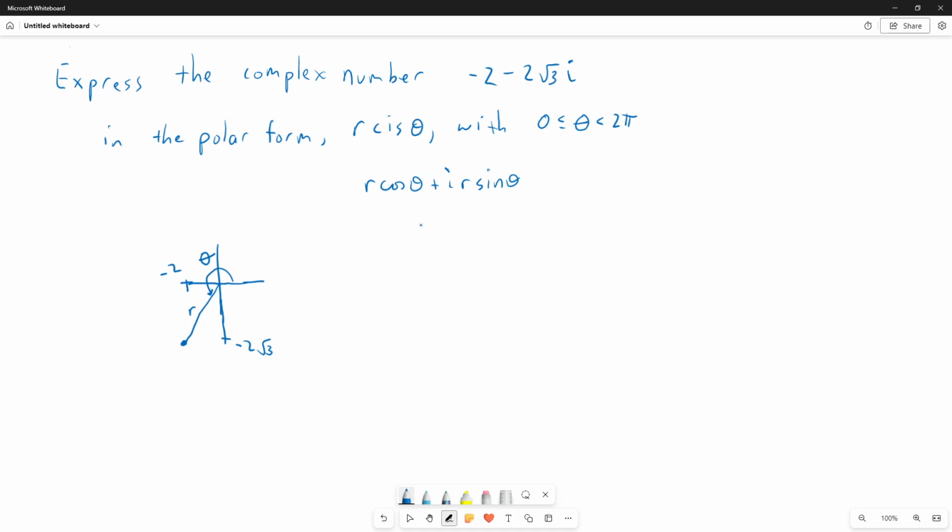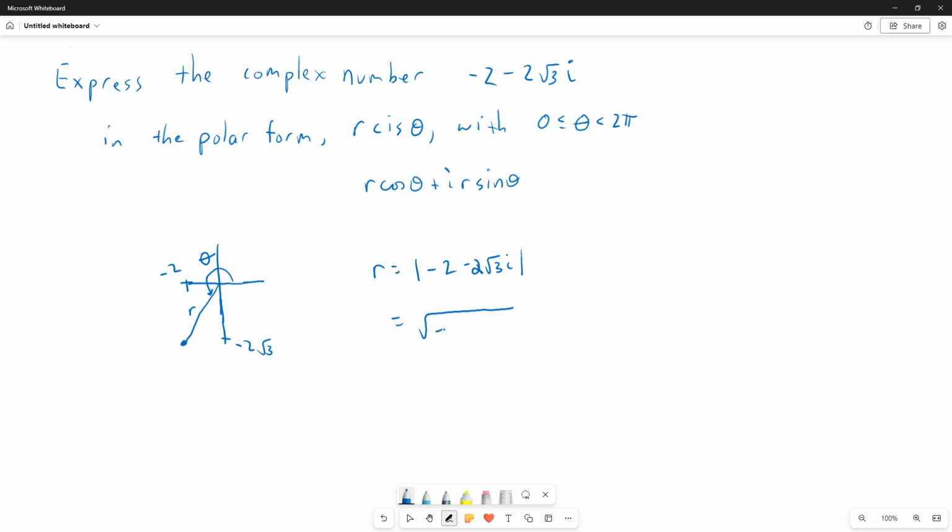So first, the polar radius, r, is the same as the modulus of the complex number, which is the square root of the sum of the squares of the real and imaginary parts.